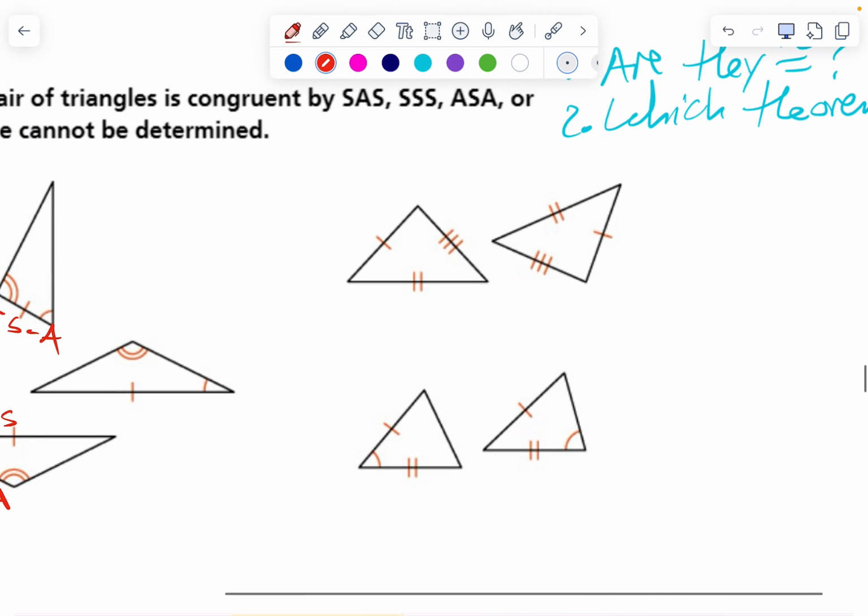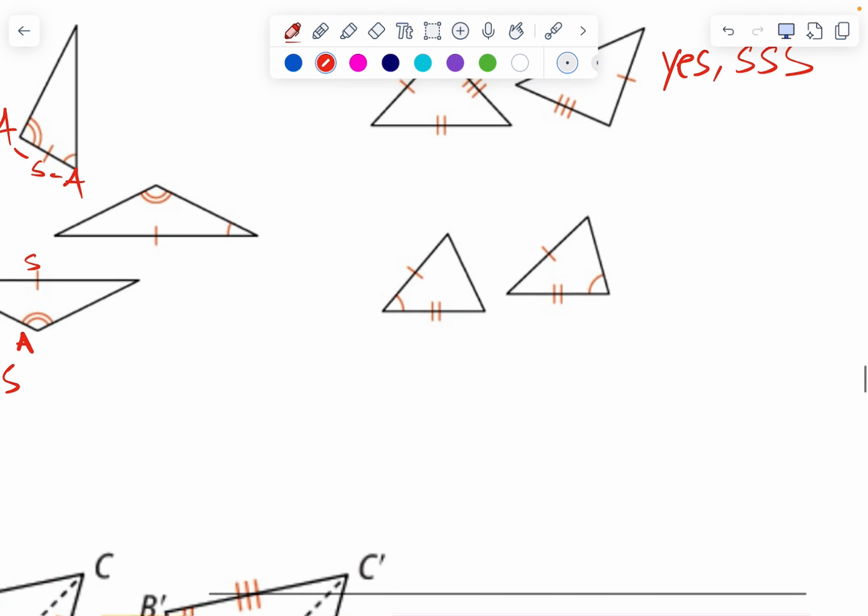Okay, top right, which one is that? Yeah, that one's easy to spot. Okay, next one. Okay, so this one's kind of harder. That's SAS, but look on the other one. That's SSA, so this is no. They don't match, right?